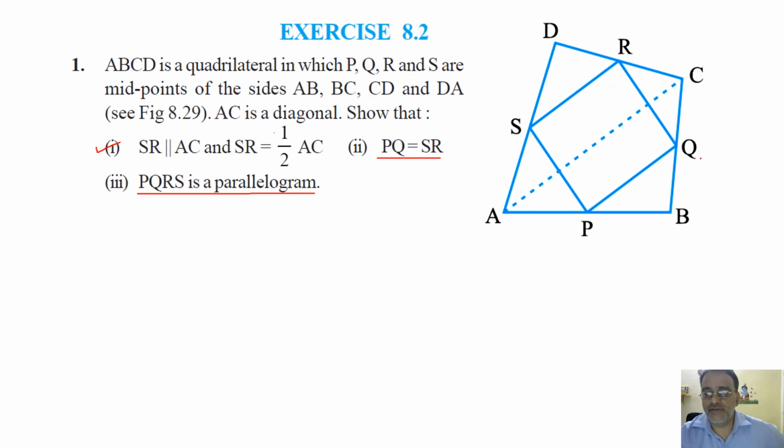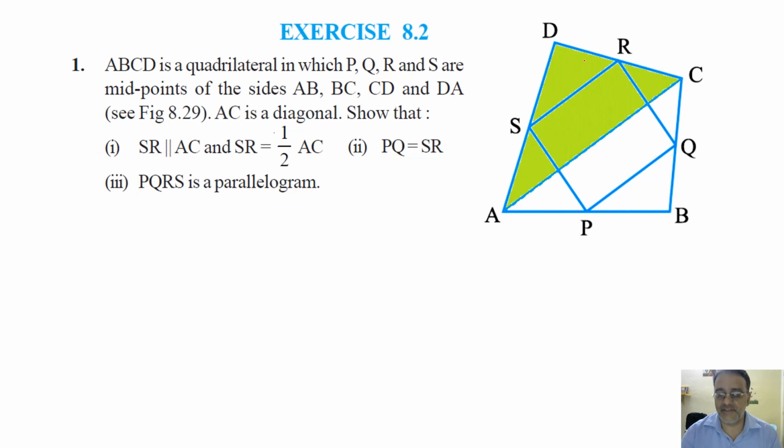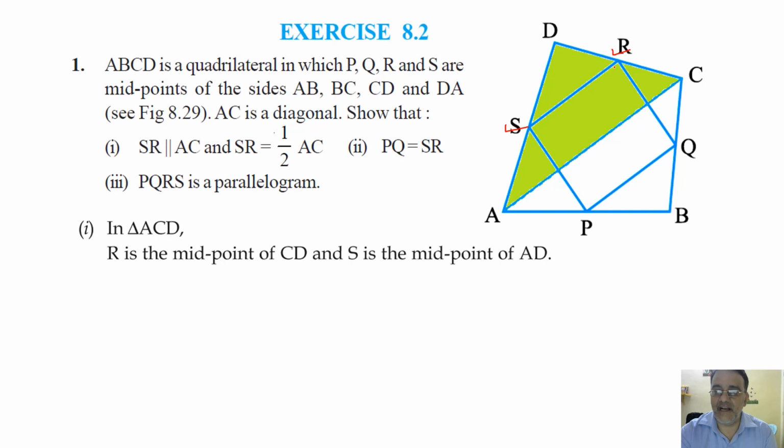Okay, so first we will take this triangle ACD. ध्यान से देखो, this triangle. S is the midpoint of AD and R is the midpoint of CD. Okay, so by midpoint theorem, SR is equal to half of AC and SR is parallel to AC.